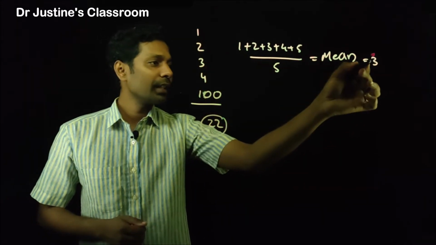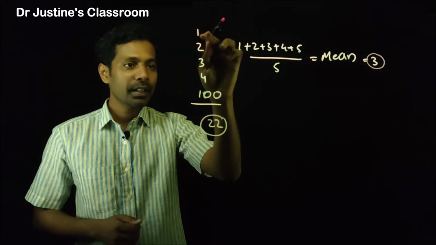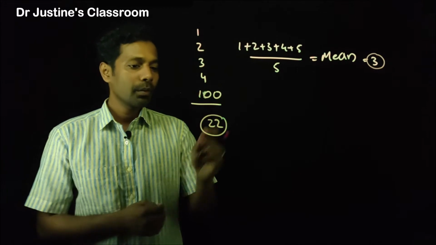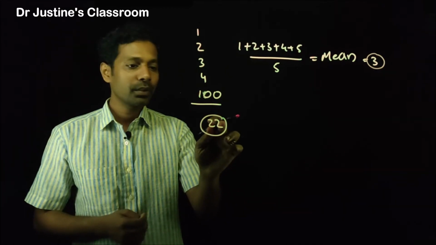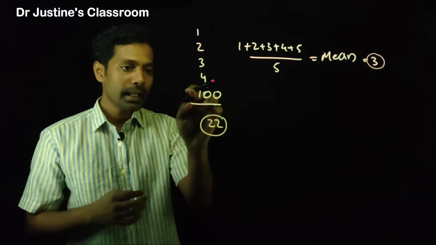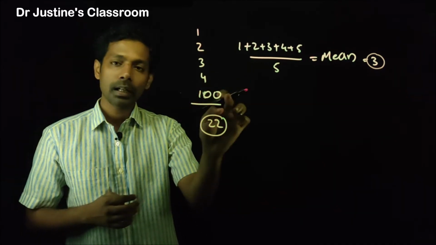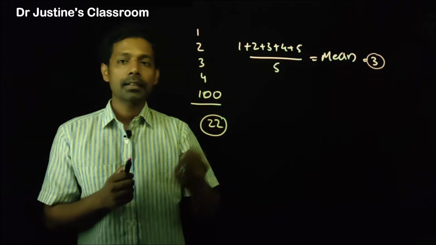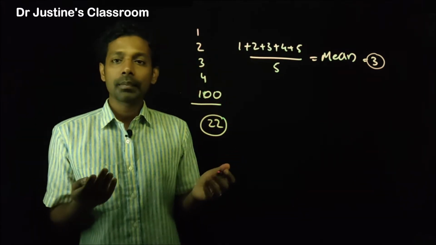When you had a score of 3, it was representing almost 1, 2, 3, 4 and 5, kind of nearby values. Now, this is another value, 22, which is not representing any of the scores. So what happened here? We had an extreme score, an extreme score 100, which has pulled the center point towards the extreme score. Now I cannot trust the arithmetic mean here.